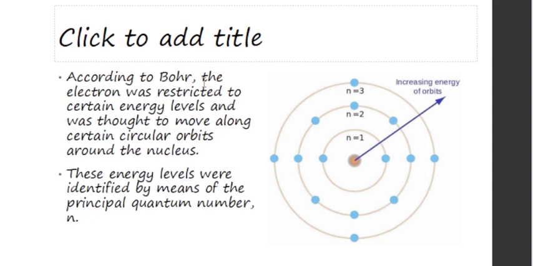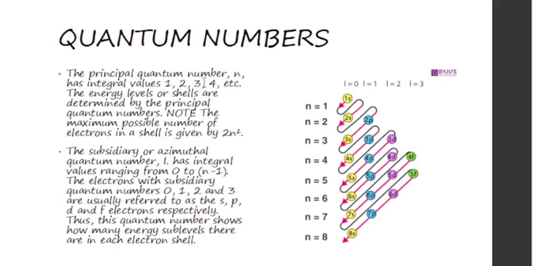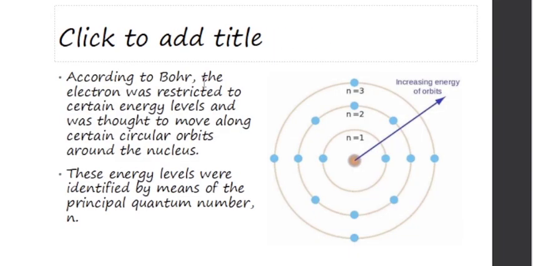Okay, according to Bohr, the electron was restricted to certain energy levels and was thought to move along certain circular orbits around the nucleus. These energy levels were identified by means of the principal quantum number. Now, the energy level is what is described by the principal quantum number, and there are four quantum numbers. You have your principal quantum number, your subsidiary quantum number, your magnetic quantum number, and then your spin quantum number.